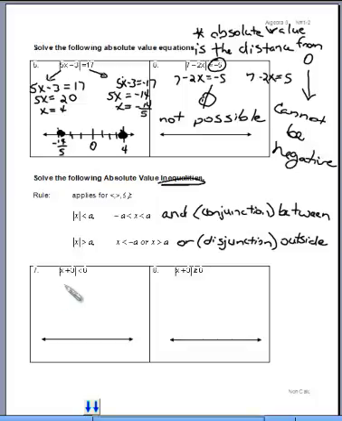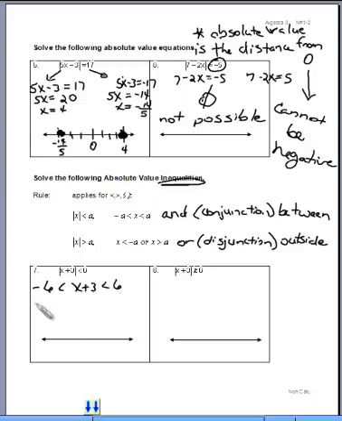So the way you're going to set this up, if you can remember these two forms, that makes it easier. With the less than you can set it up like this. You have negative 6 is less than x plus 3, which is less than 6.